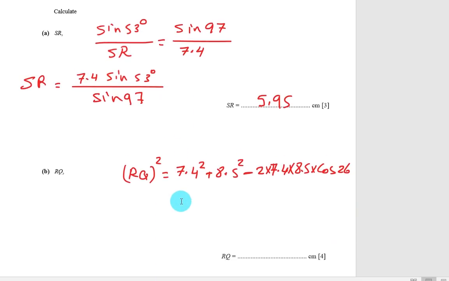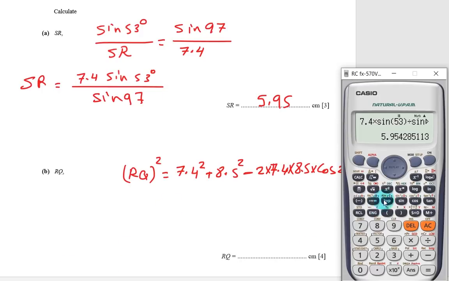So RQ is equal to the square root of, open the bracket, 7.4 squared plus 8.5 squared minus 2 by 7.4 by 8.5 by cosine 26, close the bracket.